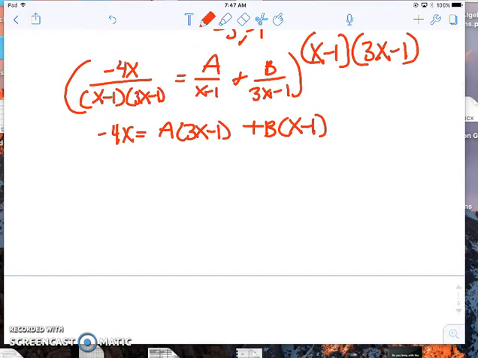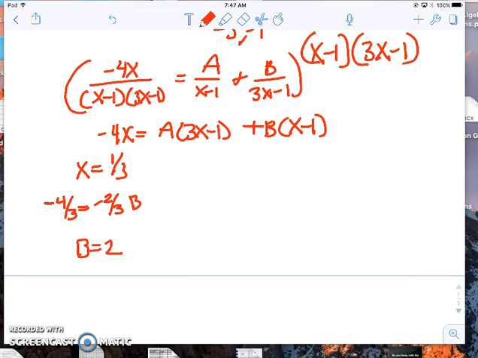So then our cases, our first case would be x equals 1/3. So negative 4 times 1/3 would be negative 4/3. The a parenthesis would be a 0, so negative 1/3 minus 1, negative 2/3 b. So divide by negative 2/3, so b would have to be 2.